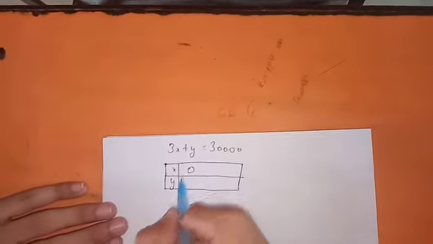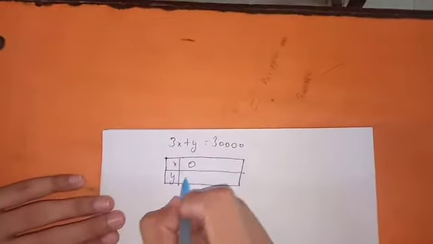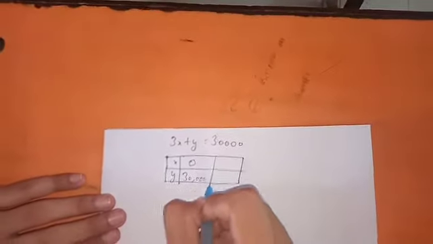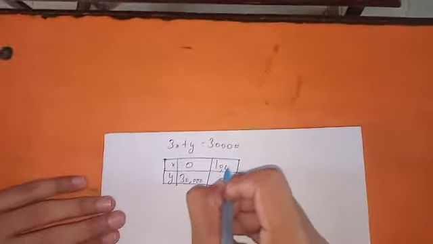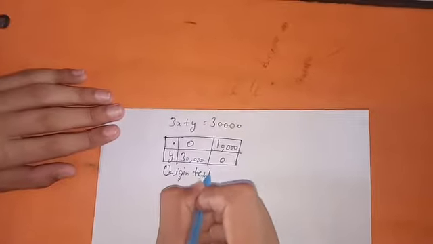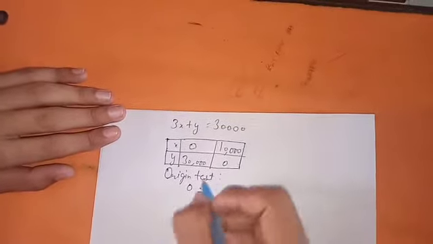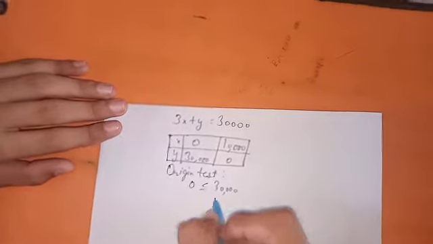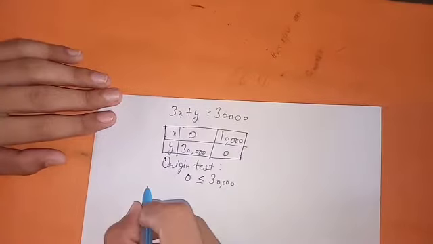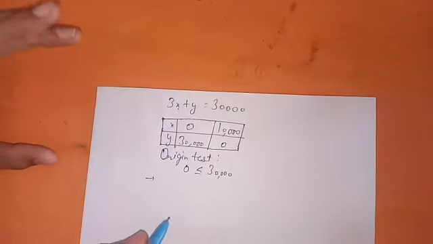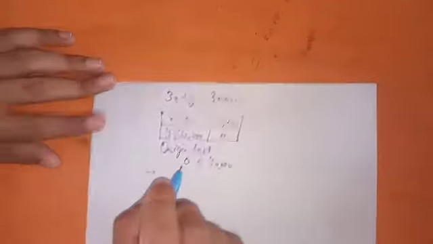When x is 0, y will be 30,000, and when y is 0, x will be equal to 10,000. Now what we have to do is the origin test. That means we put x and y as 0, so we get 0 less than or equal to 30,000. It is true, and because it is true, our feasible region will be towards the origin.